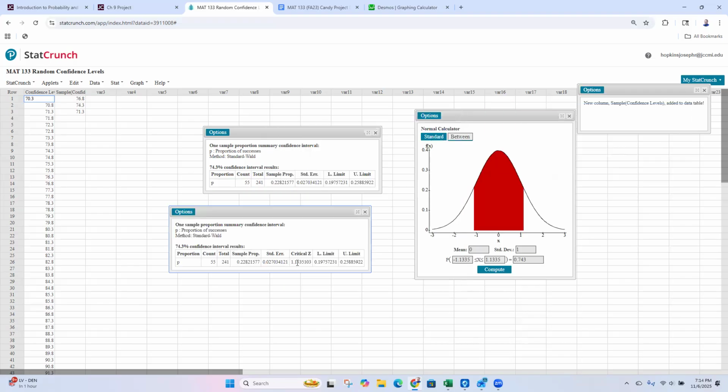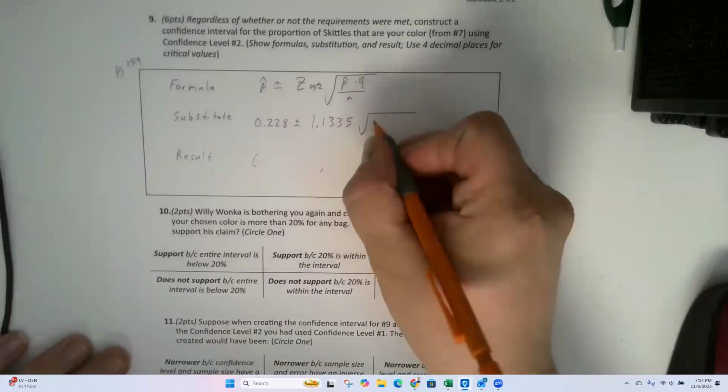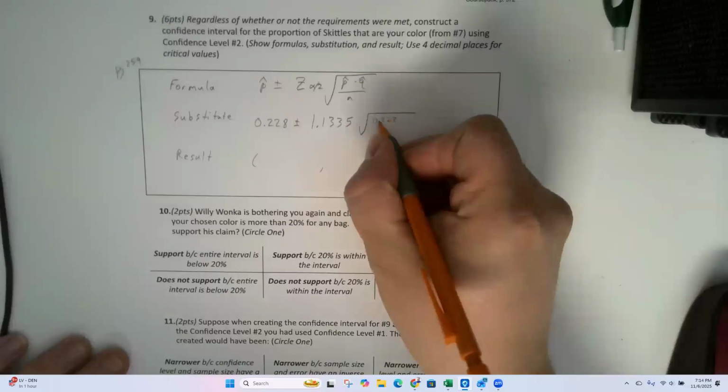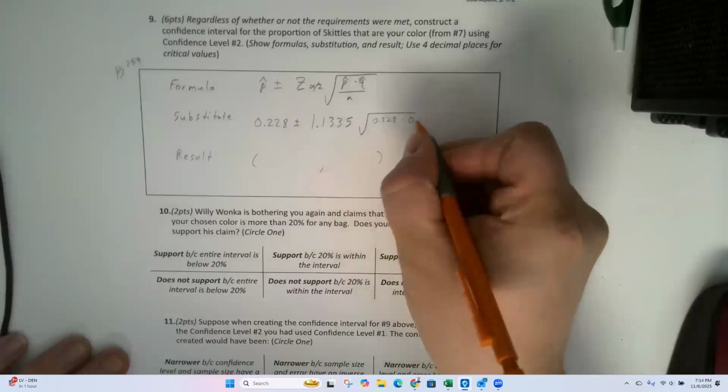There it is. My critical value in this case is 1.1335. Okay, so 0.228, 0.772.